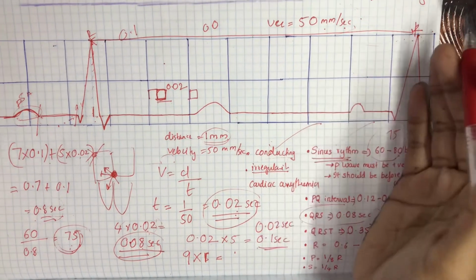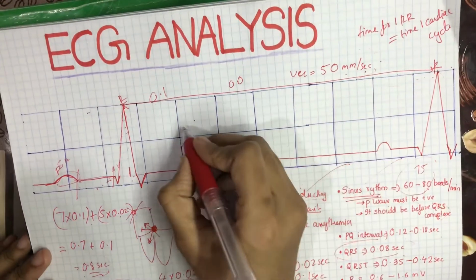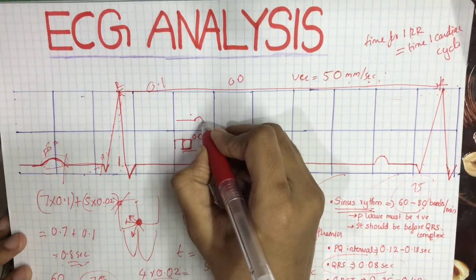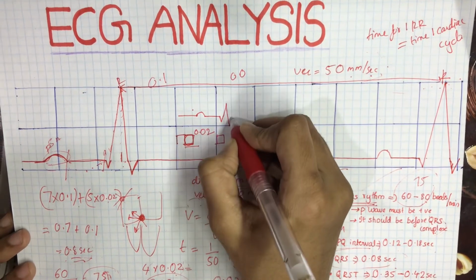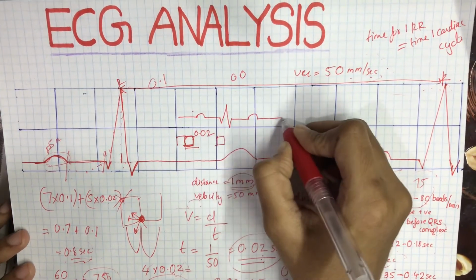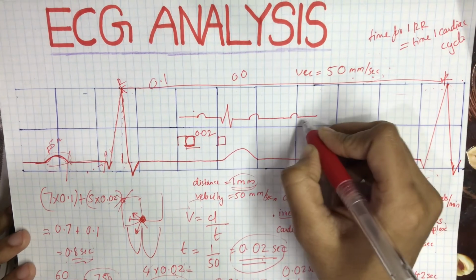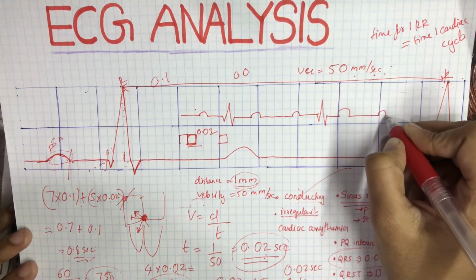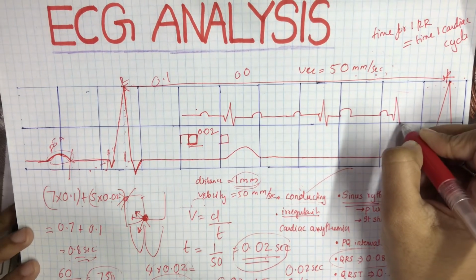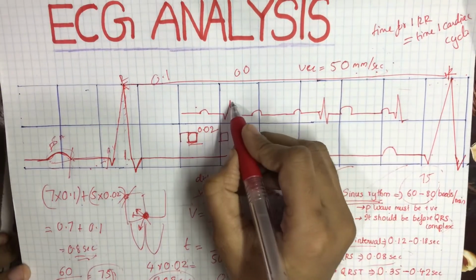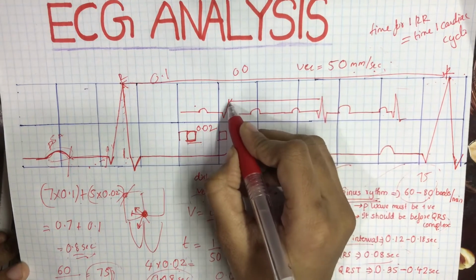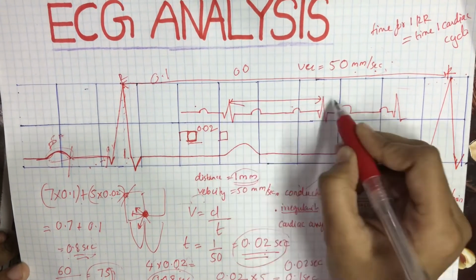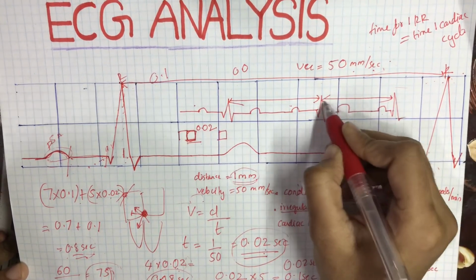This is a small graph, but just think like I am drawing a graph. The P, the Q, R, the T, and again the P, the Q, R. If we can see, this is one cardiac cycle, and this is also another cardiac cycle.